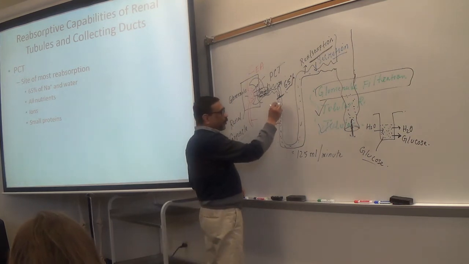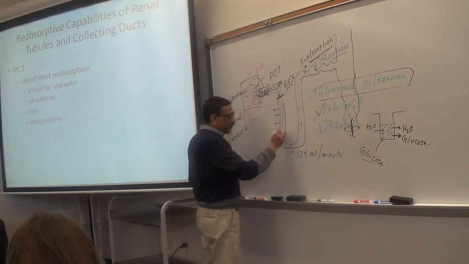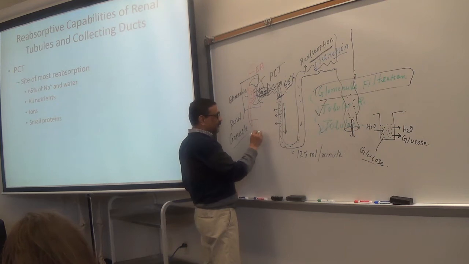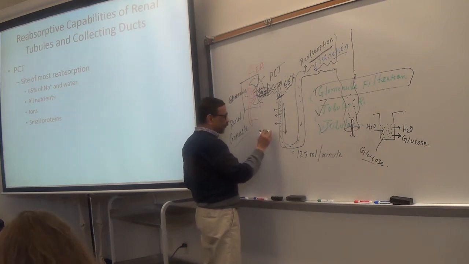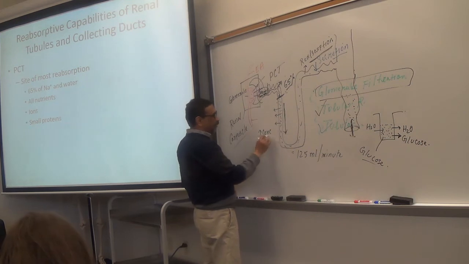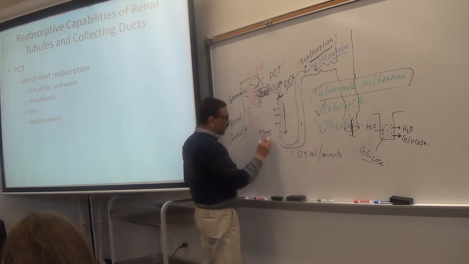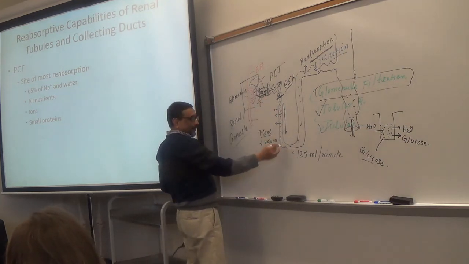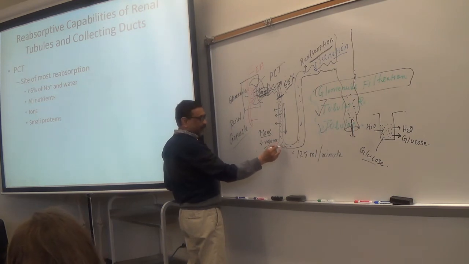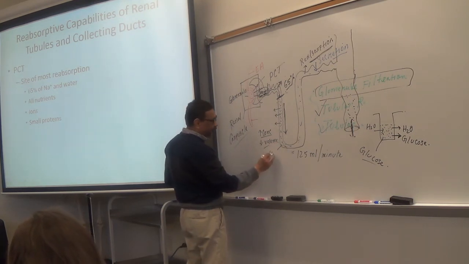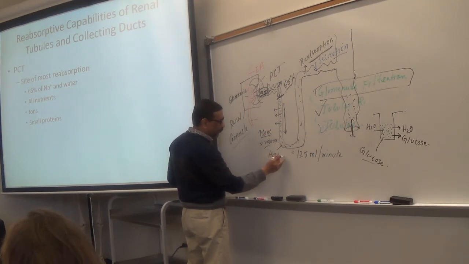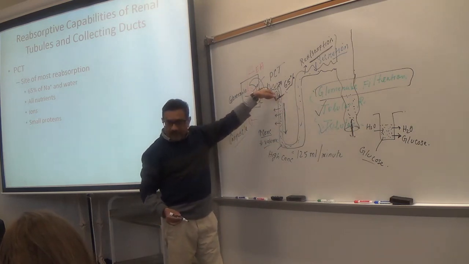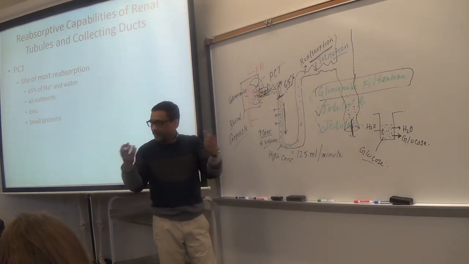As you go downwards through the descending limb of loop of Henle, the concentration increases. Since only water is getting out, volume goes down further. And when it arrives here, the concentration is very high, because all through, water was taken out.